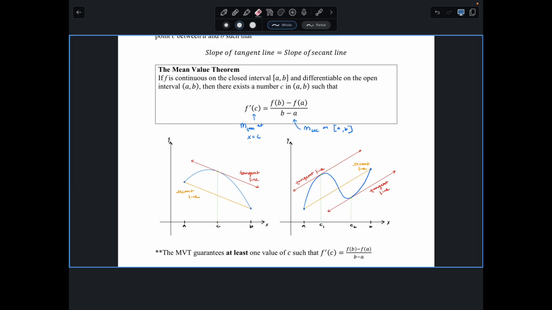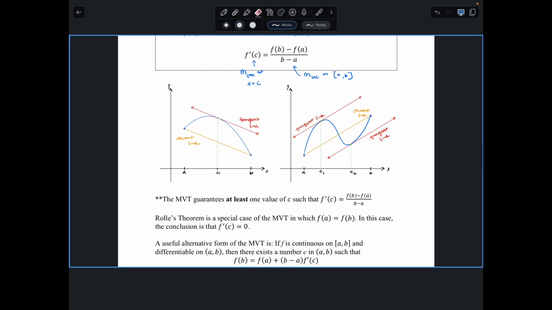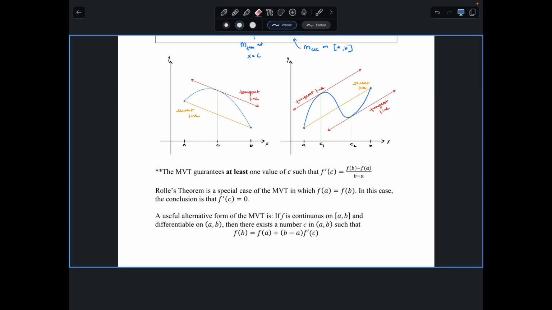So MVT guarantees at least one value of C such that f prime of C is equal to the average rate of change. The slope of the tangent line is equal to the slope of the secant line. Rolle's theorem is a special case of MVT in which f of a equals f of b. In this case, the conclusion is that f prime of C would be equal to 0.